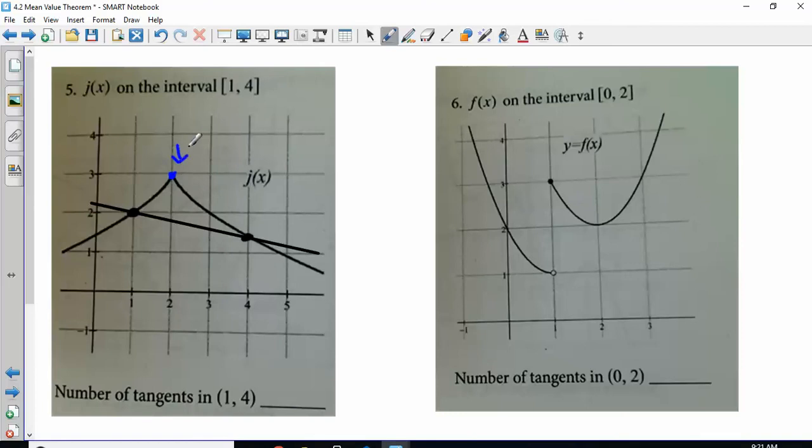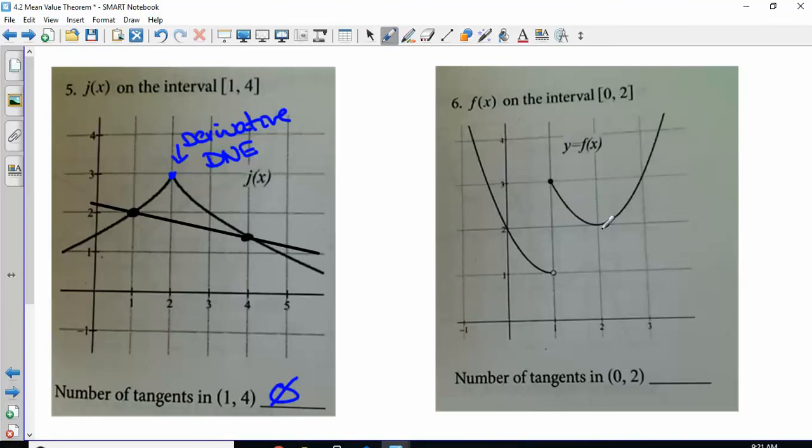Why not? The derivative does not exist right there because it's a sharp corner. So the number of tangents that work between 1 and 4? None, because my original function isn't differentiable when your x is 2, and 2 fell in the interval.